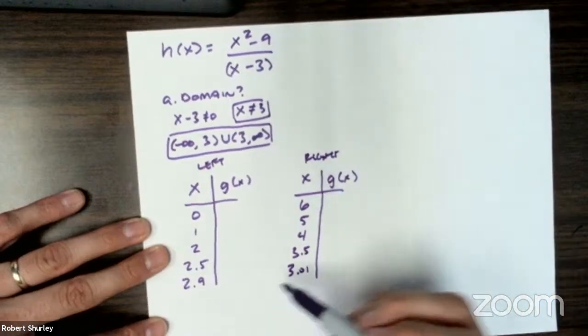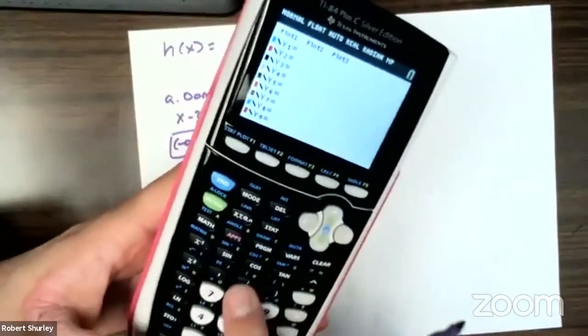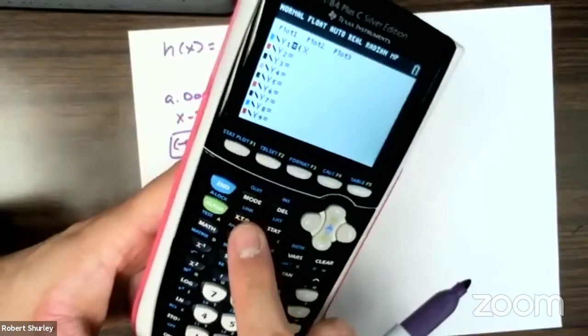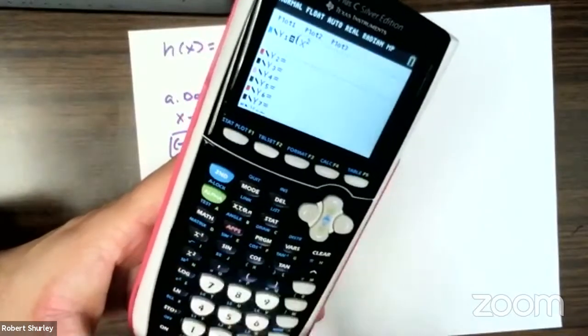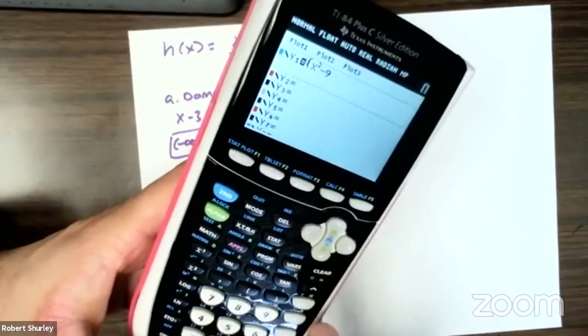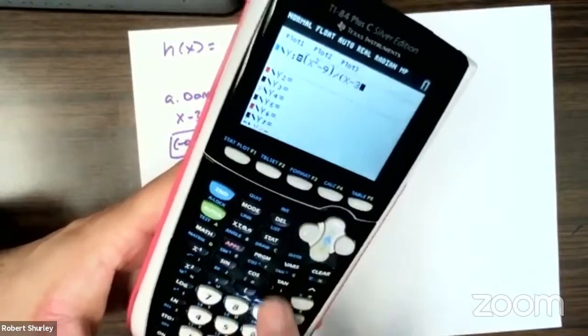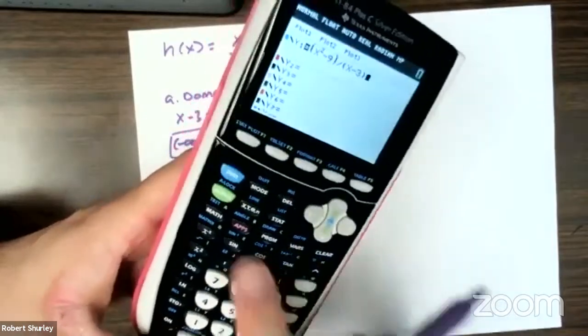So I'm going to give you a few minutes to fill this table out. Remember, if you want to make your life a lot easier, put in your calculator parentheses x, there's a squared button here, minus 9, parentheses, divided by x minus 3. That'll make it a lot easier.